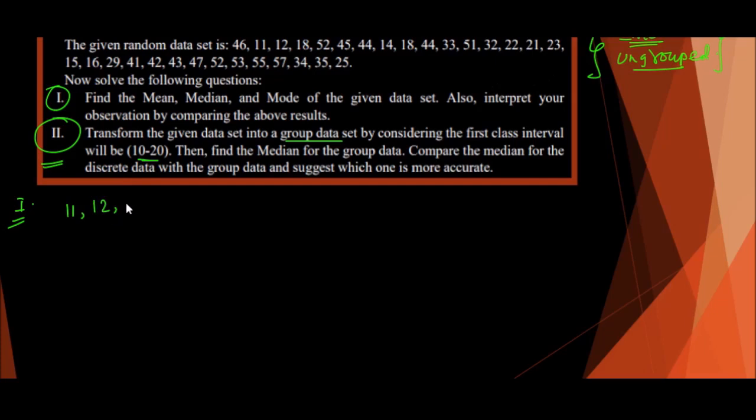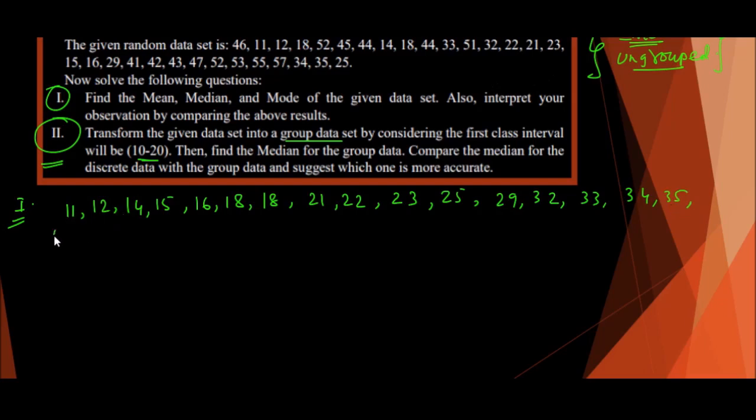You can do it by yourself and verify later. 14, 15, 16, 18, with 18 twice. Just check: 18, 21, 22. Next you have 23. I guess 23 is twice. Just check it. No, 23 is once. 25, then 29, 32, 33, 34, 35.